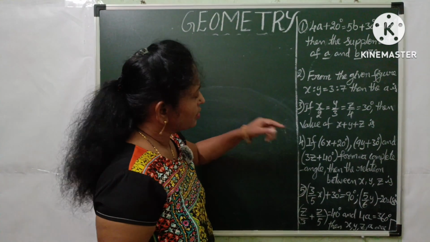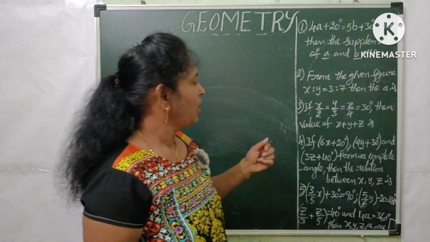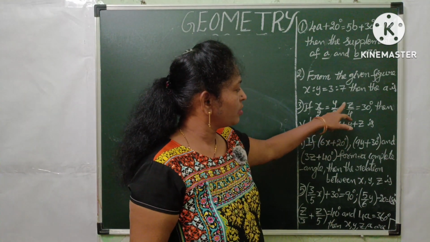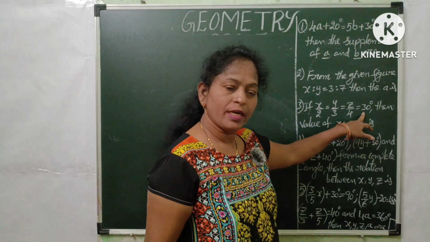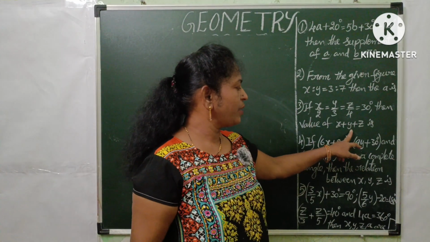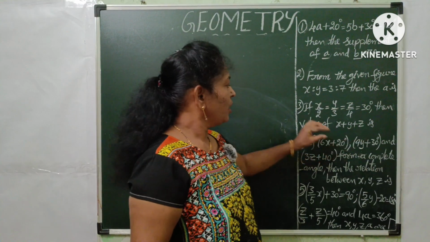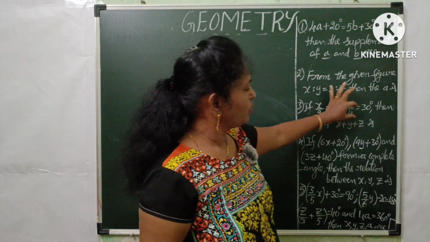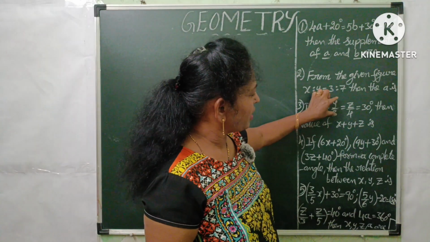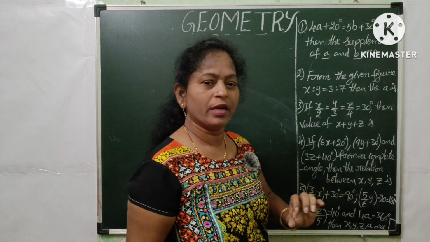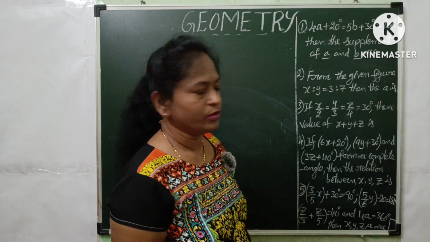Next one, third question. If x by 2 equal to y by 3 equal to z by 4 equal to 30 degrees, then the value of x plus y plus z. Here, observe carefully: x by 2 equal to 30, y by 3 equal to 30, z by 4 equal to 30. Then we will get the x, y, z values.